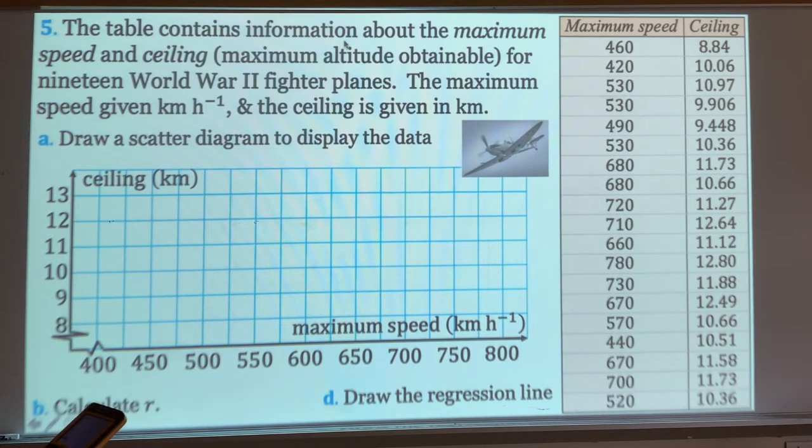This one has 19 things you gotta enter in. There's no way I'm getting all these in right. Ooh, actually right on target. All right, so you should be almost done with the scatter plots.